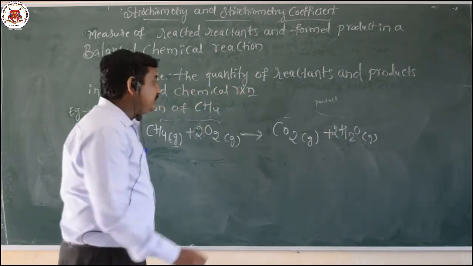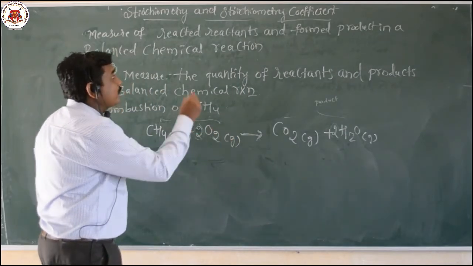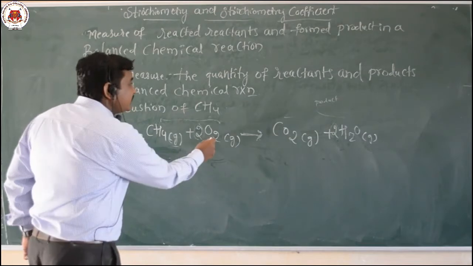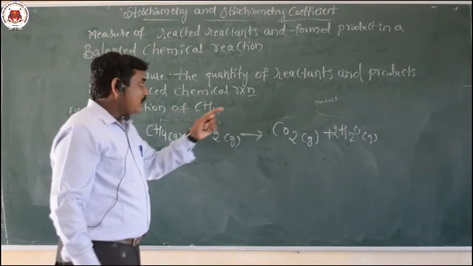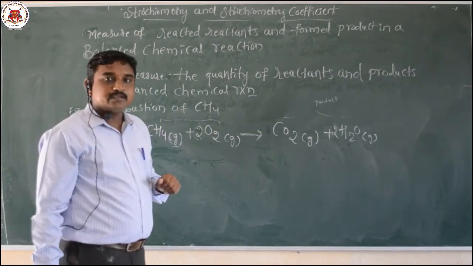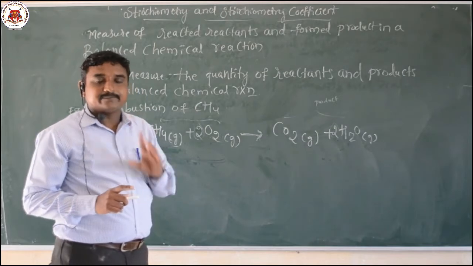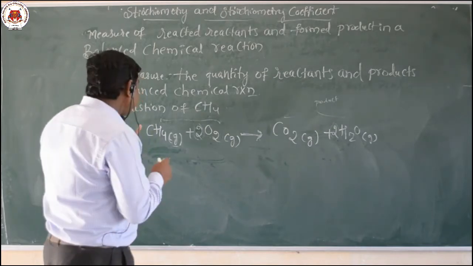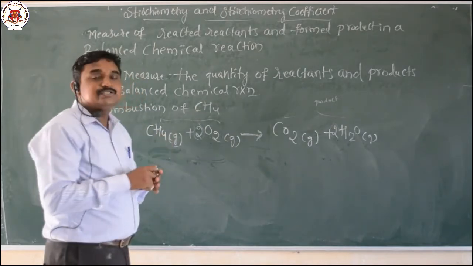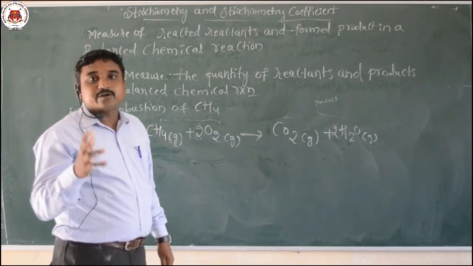So these are called stoichiometric coefficients. For oxygen and water, the stoichiometric coefficient is 2. For methane and carbon dioxide, the stoichiometric coefficient is 1. Okay. So the stoichiometric coefficient indicates the relative quantity of the reactants and products in a balanced chemical reaction.